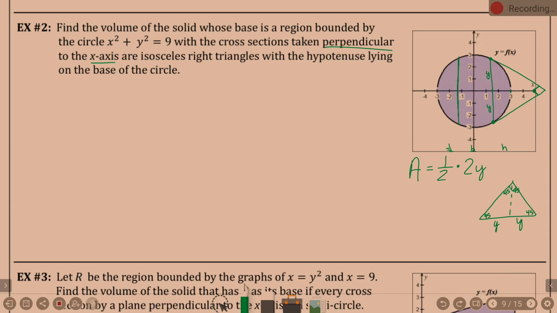If this is y and y, that gives the length of 2y all the way across, but all we need to know is this is y. What's this piece up here? If this is a 45, 45, 90, it's also y.